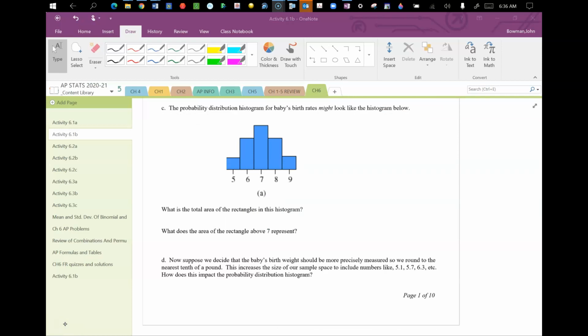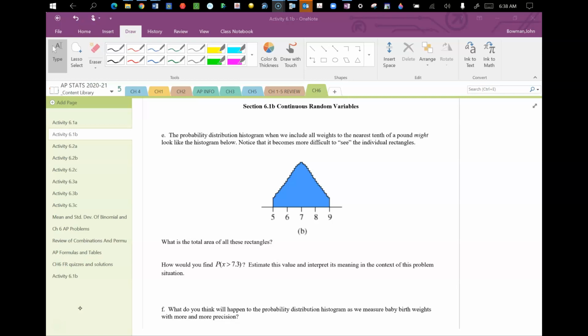Suppose instead of weighing babies to the nearest pound, we decide to weigh babies to the nearest tenth of a pound. Think for a moment about what that would do to the probability distribution and the histogram above. If you imagined a probability distribution still ranging from 5 to 9 pounds with 10 times as many outcomes, you are correct.